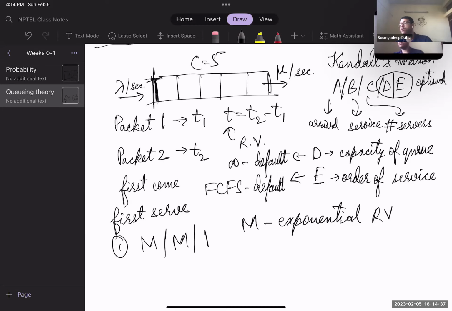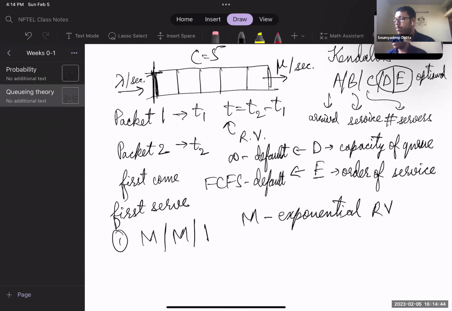What this queue means is that any incoming packet is coming in an exponential time interval. As I was saying, packet 1 is coming in time t1, packet 2 is coming in time t2. Then this time interval t2 minus t1 is a random variable, right?